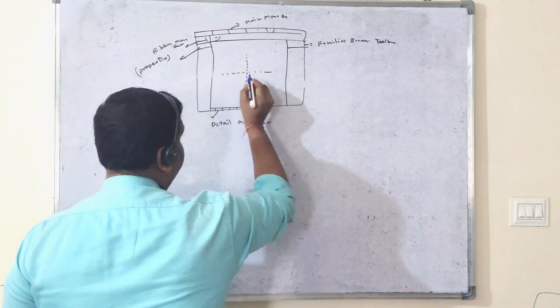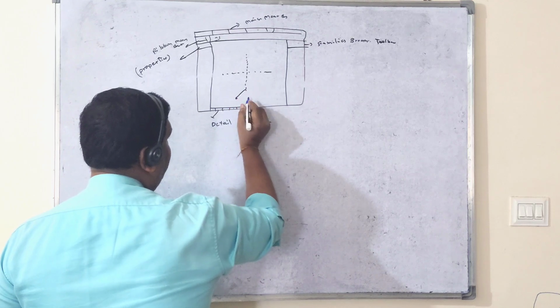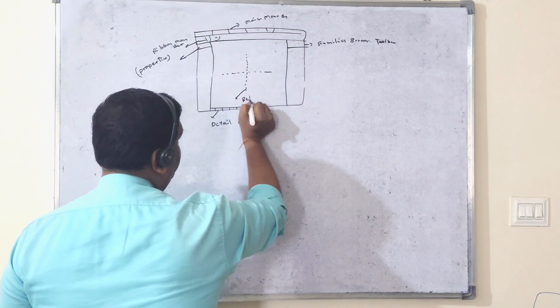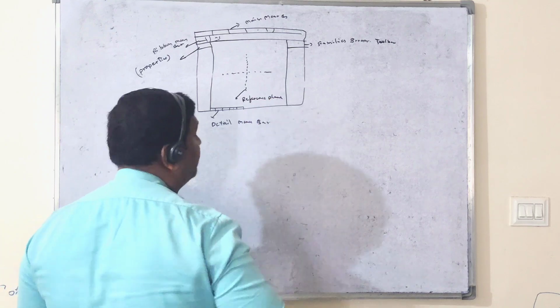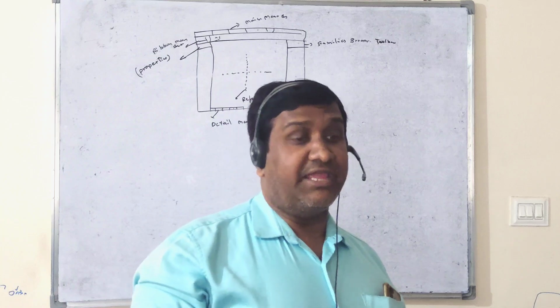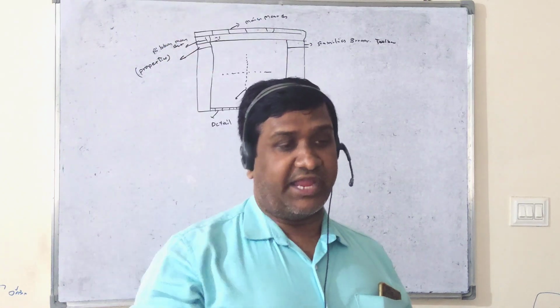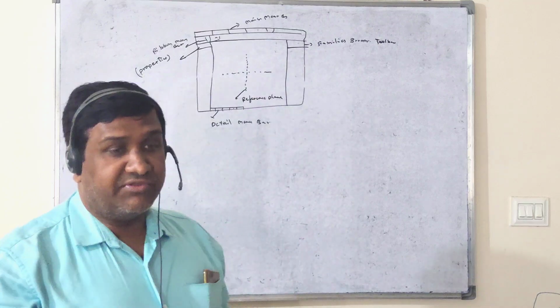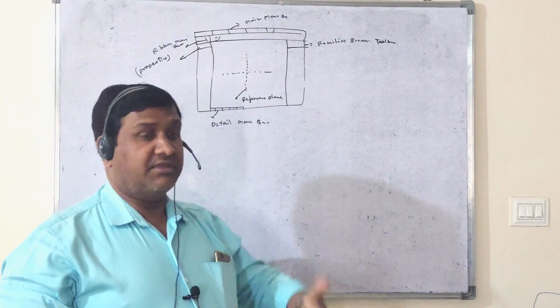Don't ignore these lines, because they show you the reference plane. This is nothing but a reference plane. Don't call it a reference line. It's a reference plane. Plane means face: left, right, top, bottom, side. Whatever face you see, we call it a reference plane.